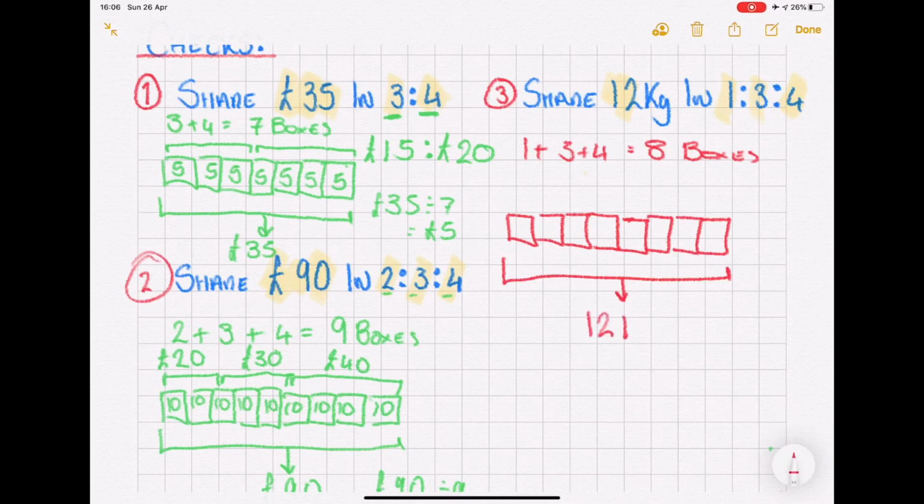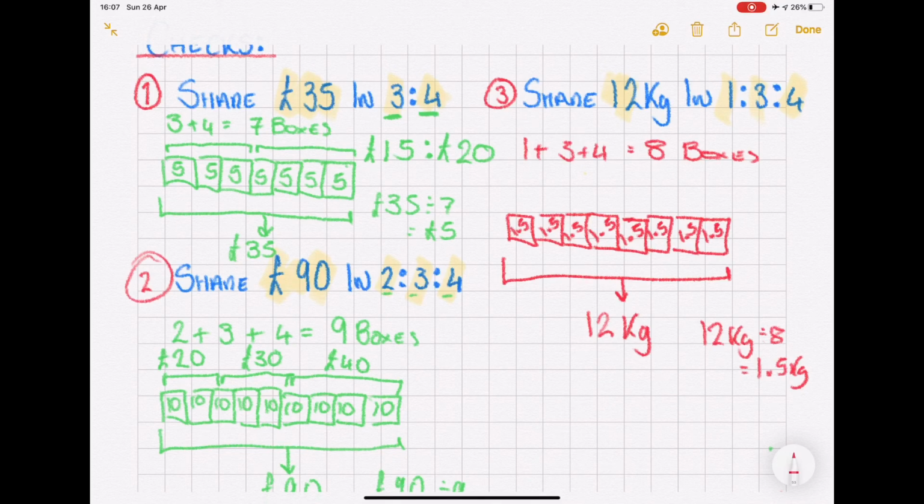12 kilograms. Okay. So how much in each box? Let's do 12 kilograms divided by 8 boxes gives 1.5 kilograms. So it's 1.5 in each box. Now hopefully you do this a lot neater than I have. But that'll be alright.